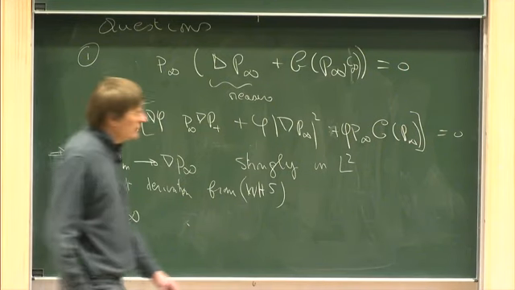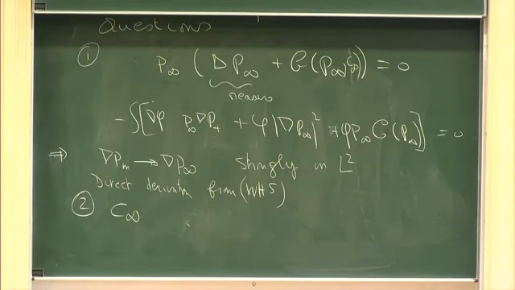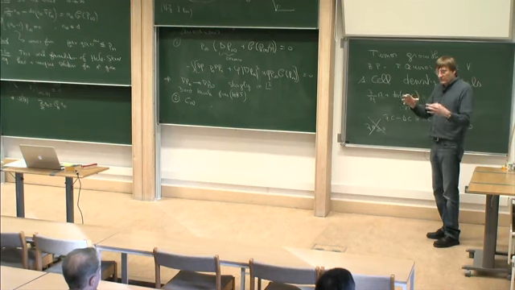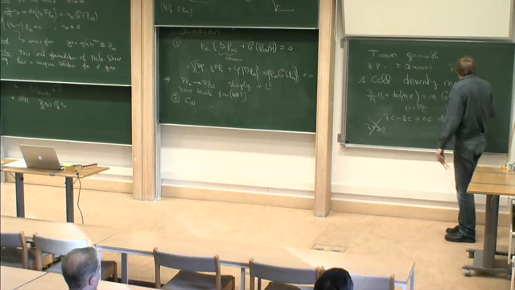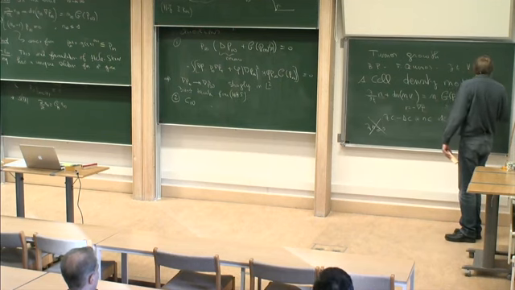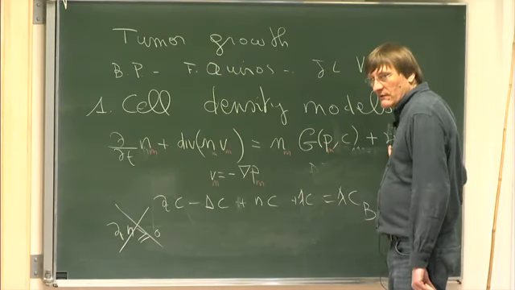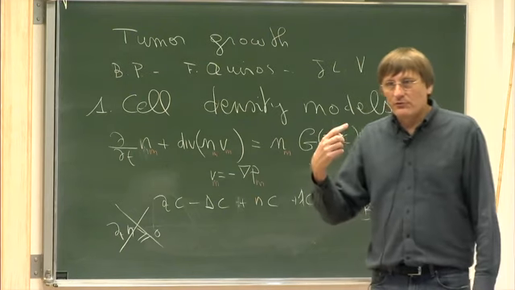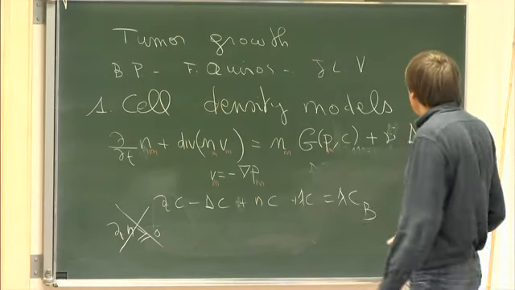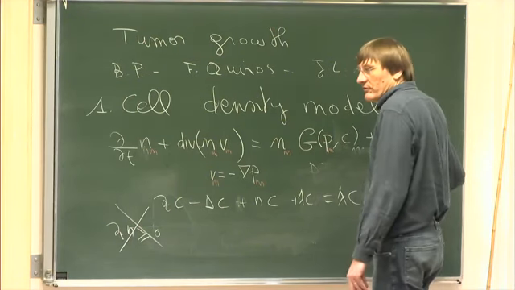Let me tell you that there is another variant of that, which is that cells are moving only by pressure. It's true, but it's not always true. Cells can also move by active motion. It's also true that some cells, and that depends on the cancer, the most invasive cancers are cells which can move.